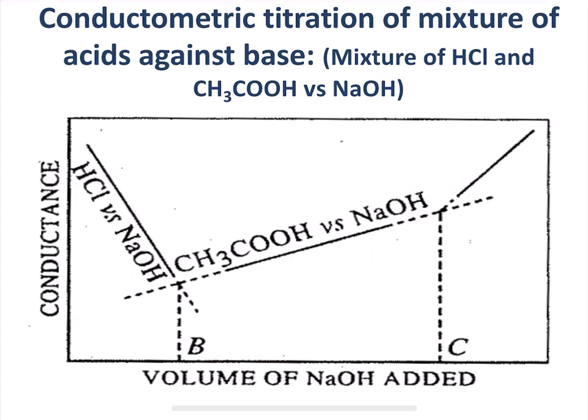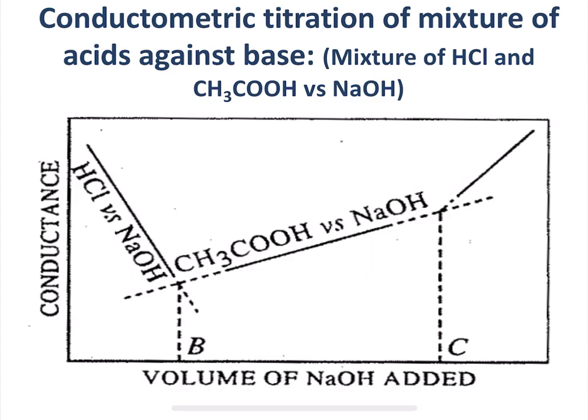This is how we determine the volume of NaOH added to neutralize the acid mixture. This is the principle of the reaction, and next is how to perform this experiment.